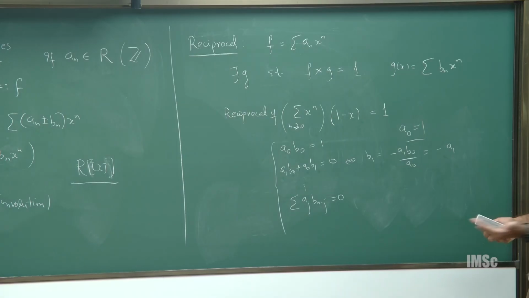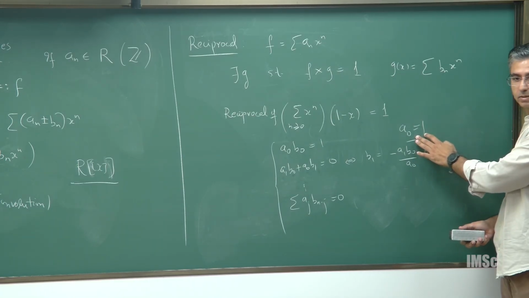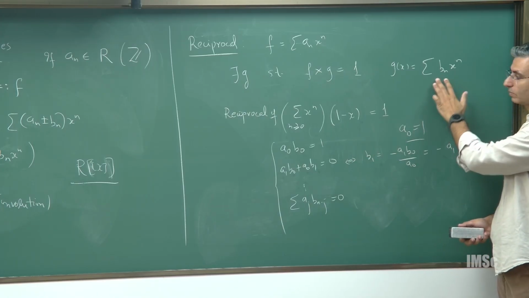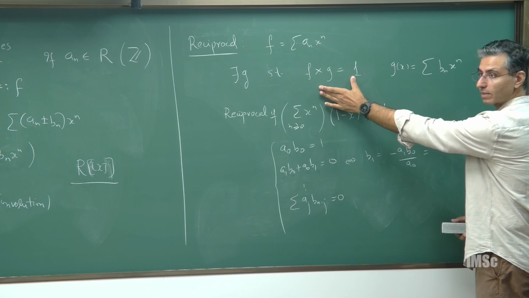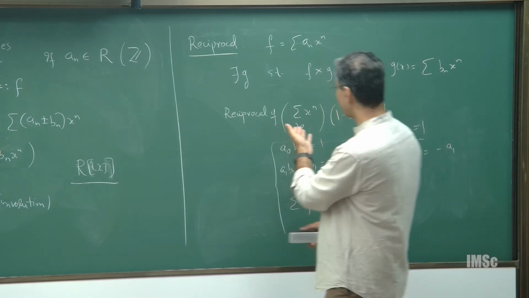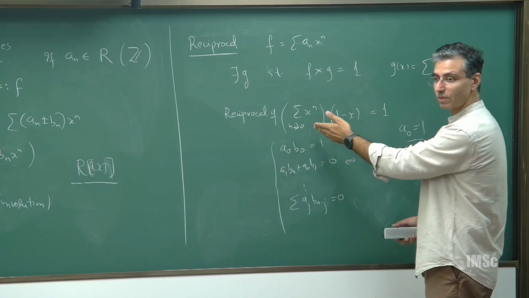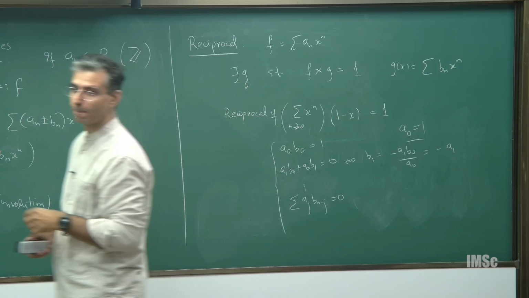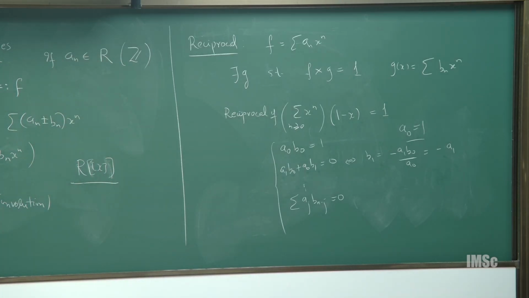So, there is a unique solution. If a naught is 1, there is a unique series of this form which will satisfy this constraint, and this is if and only if. And in our case, the constant coefficient was 1, that is why we have a solution. So, the reciprocal exists if and only if the constant coefficient in your sequence is 1.